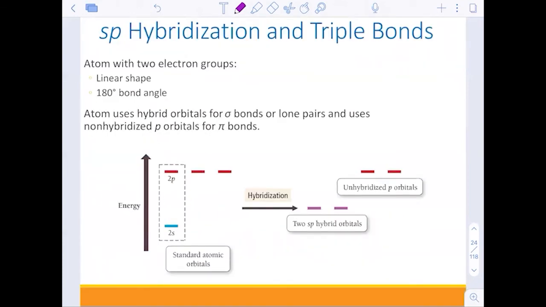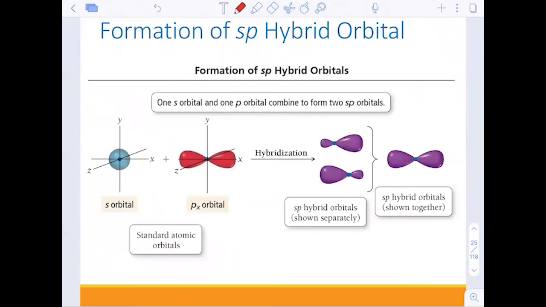So with sp hybridization, we see that linear shape, 2 electron groups, and 2 atomic orbitals are needed to make 2 hybridized orbitals. And so we'll have 2 sigma bonds and 2 pi bonds along that central atom. That hybrid orbital is 50% s, 50% p.